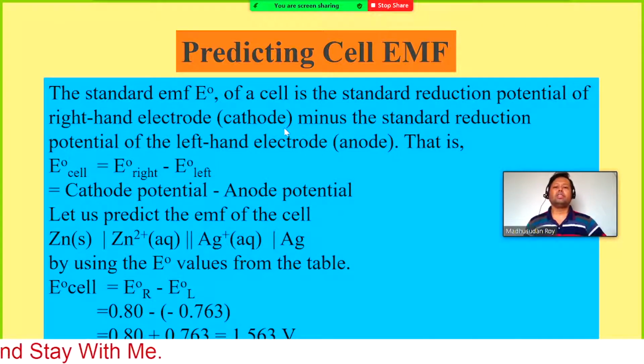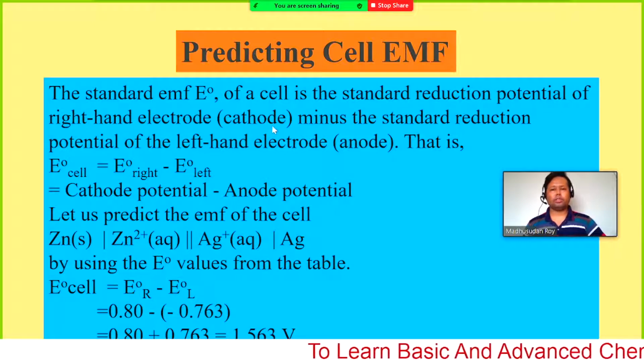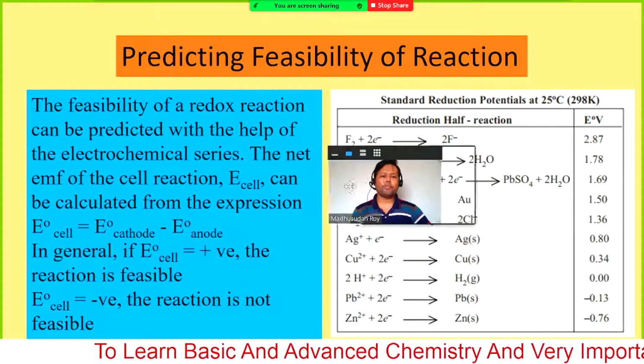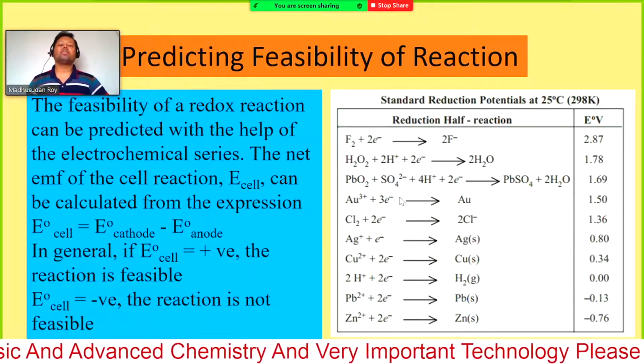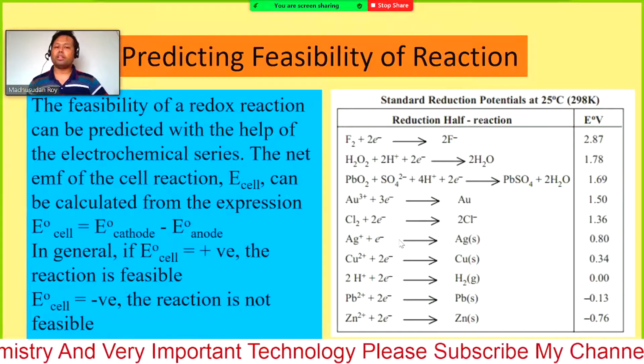That means you have two electrodes and you need to find the reduction potential of the right hand electrode. You will get it from the table I will show you here. So if you have some electrodes, you can find the reduction potential of the corresponding electrode.